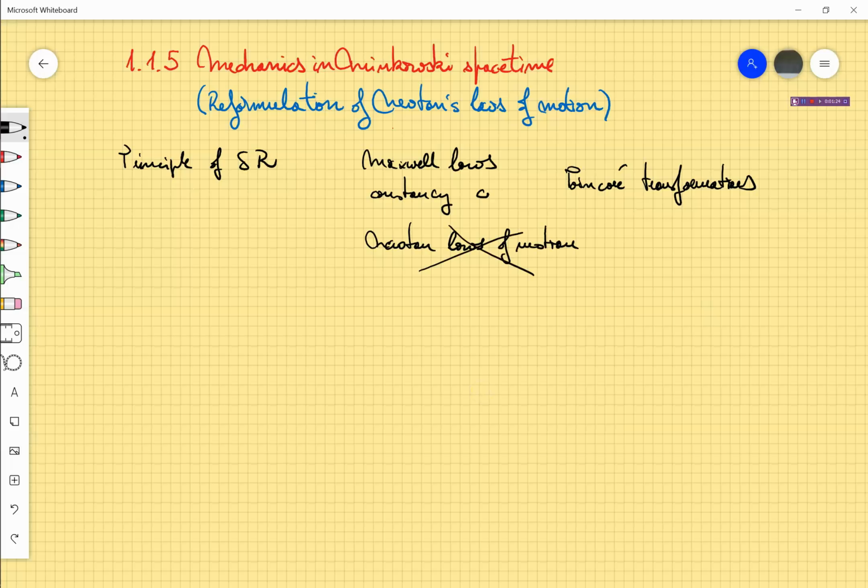They had to be changed, reformulated, in order to make them invariant under Poincaré transformations. So we are going to try to find a replacement for these Newton laws of motion, which is invariant under Poincaré transformations.